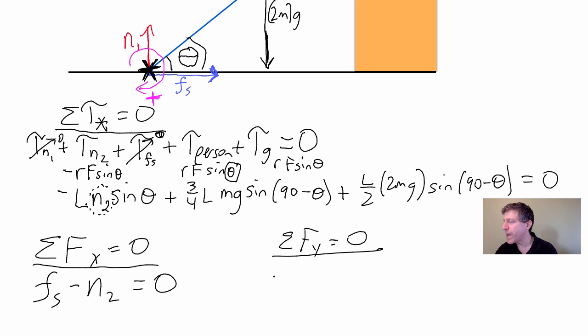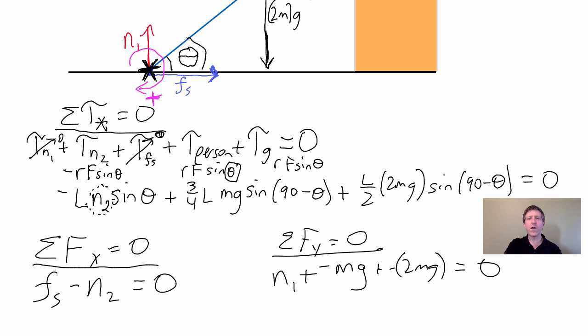And those forces will be N1 is positive. We've got negative mg of the person, that's negative, and negative 2mg the weight of the ladder, that all adds up to 0. So if we wanted N1, which actually wasn't asked for, notice that N1 is just going to balance out the weight of the ladder and the weight of the person, and will equal the sum of those.